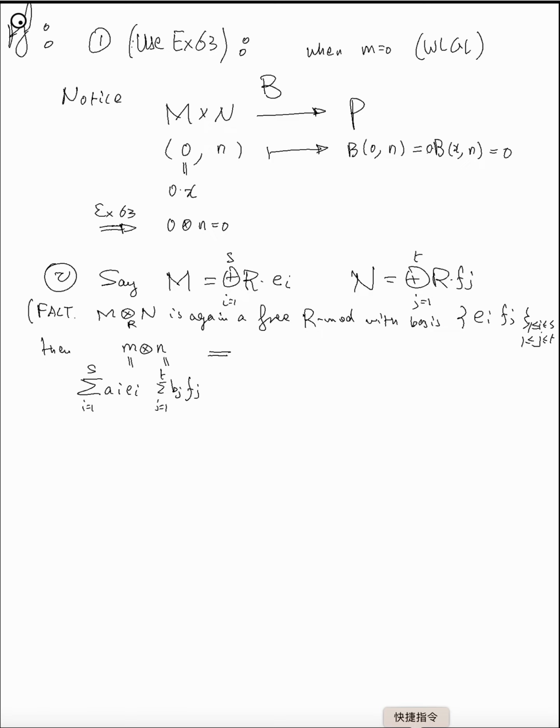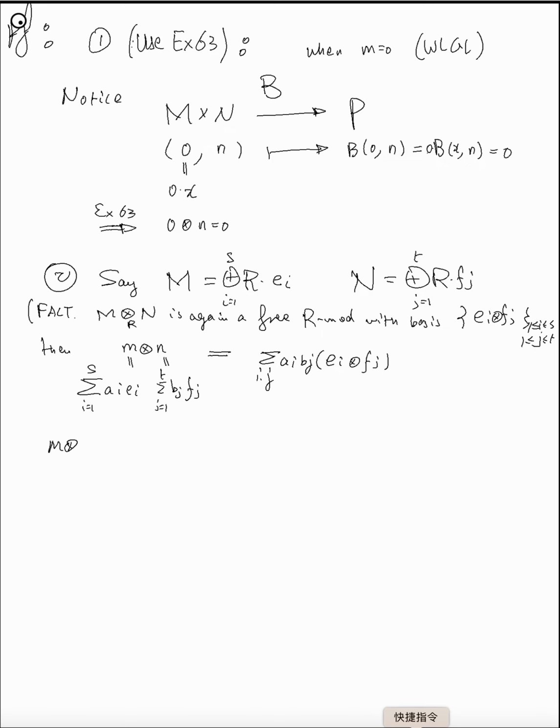And so I'm just expressing it as a span of the basis. This would be the sum of a_i b_j e_i tensor f_j, over i, j.